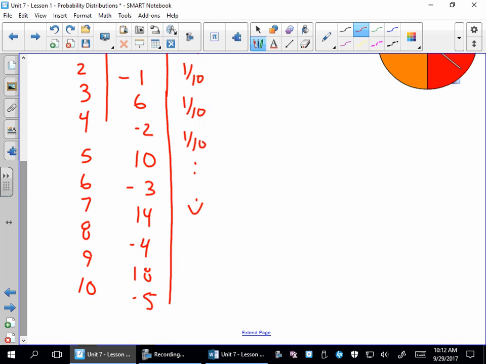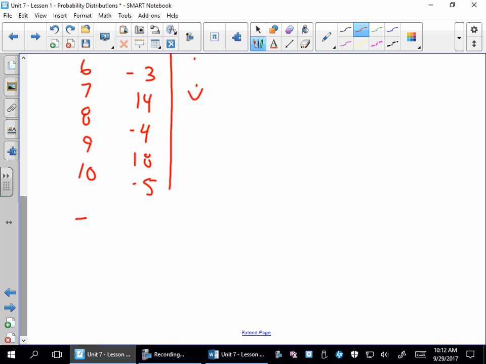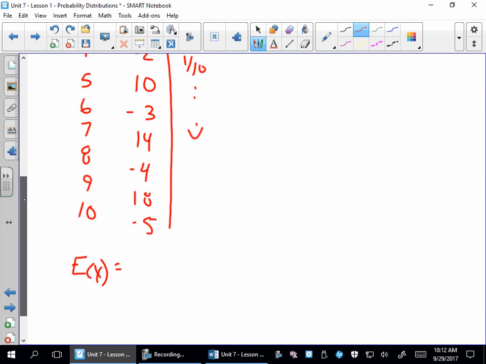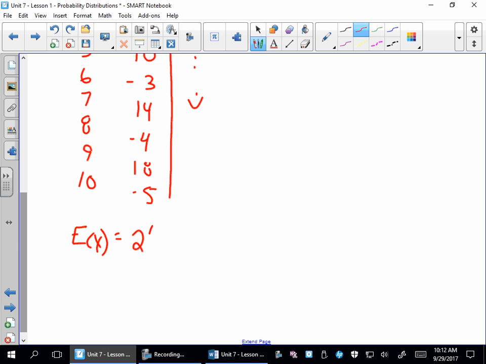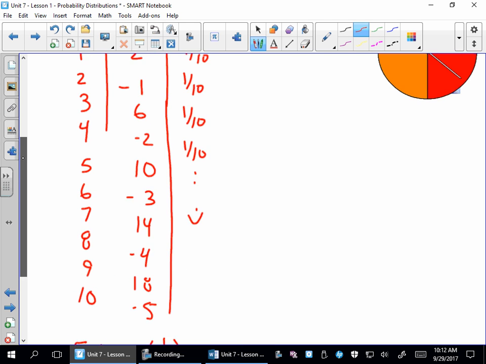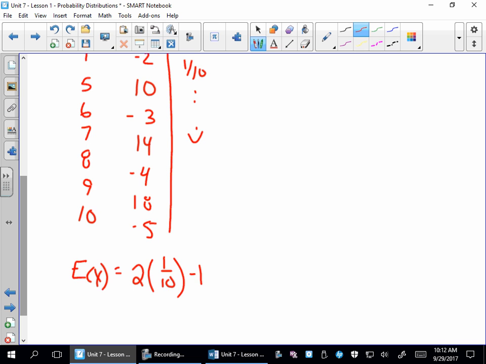So let's find our expected move. What should I expect to happen in this game? So our expected value is, well, the first thing I could roll is a 1, but its value, the thing I actually care about, is it's worth 2. So I'm going to use the value of that spin, and it happens 1/10 of the time. The next one is I move backwards 1/10 of the time.